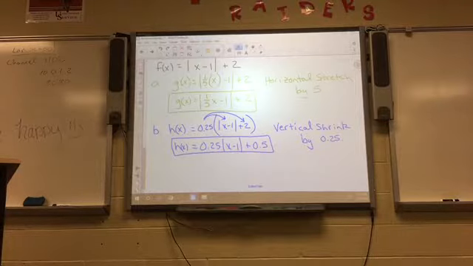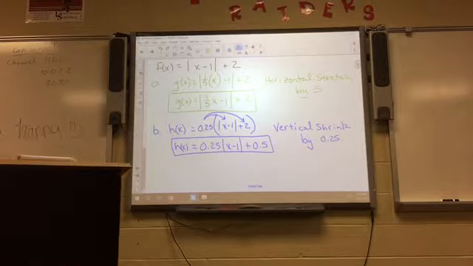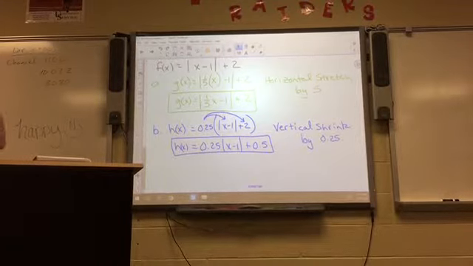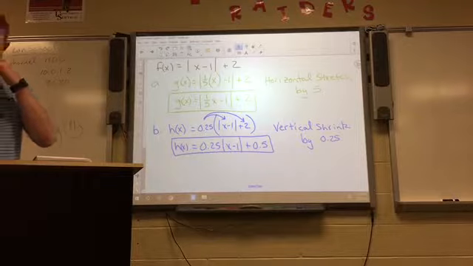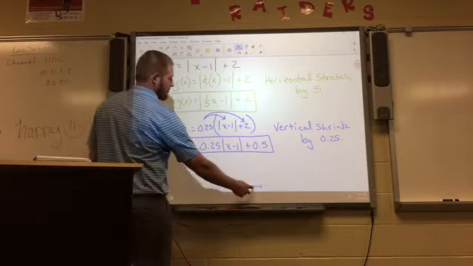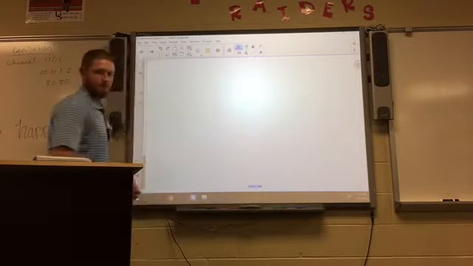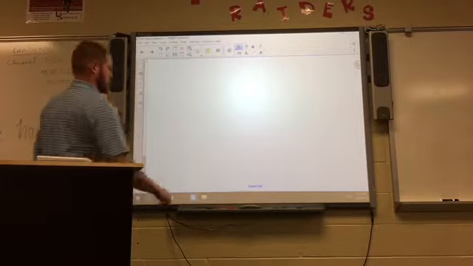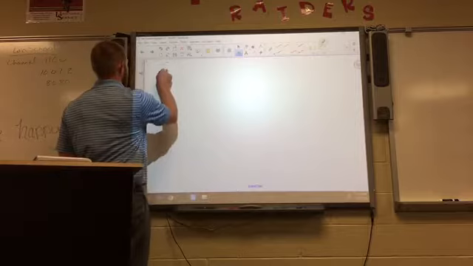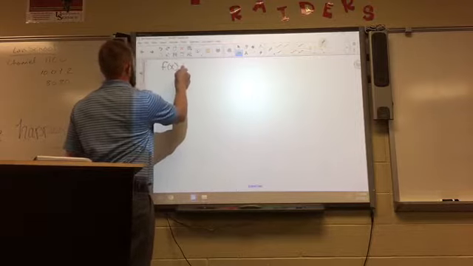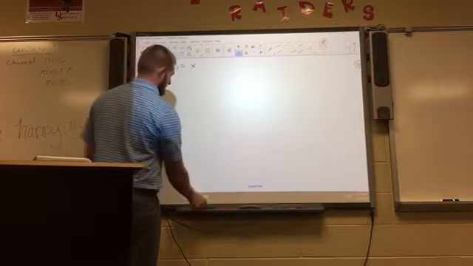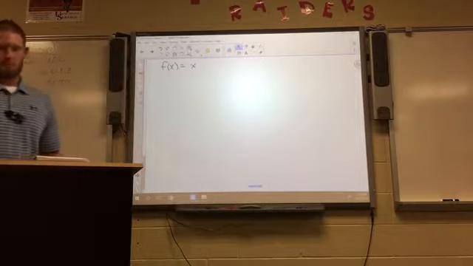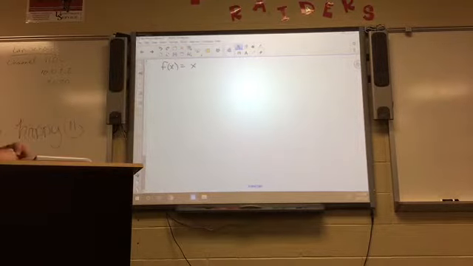Looking at example 4. Doing multiple transformations in one. We're just actually going to use our parent function here, f of x equals x. So I just have a linear parent function here.